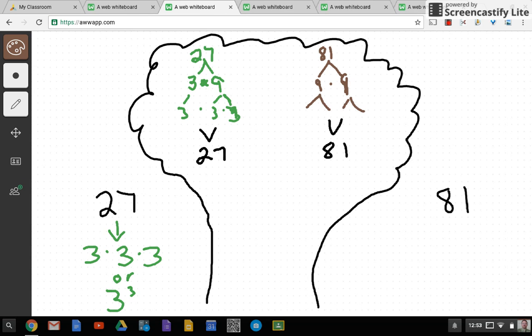It gets split like this, and it would be 3 times 3 times 3 times 3. So there is the prime factorization of 81. So 81 is 3 times 3 times 3 times 3, or I could write that as 3 to the 4th power, which means 3 times 3 times 3 times 3.